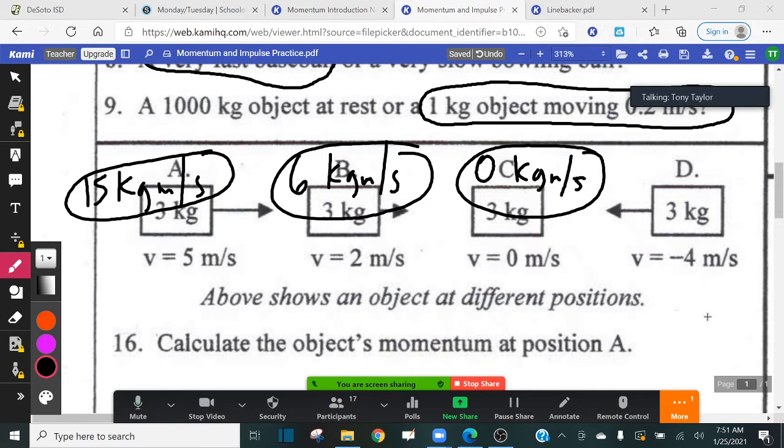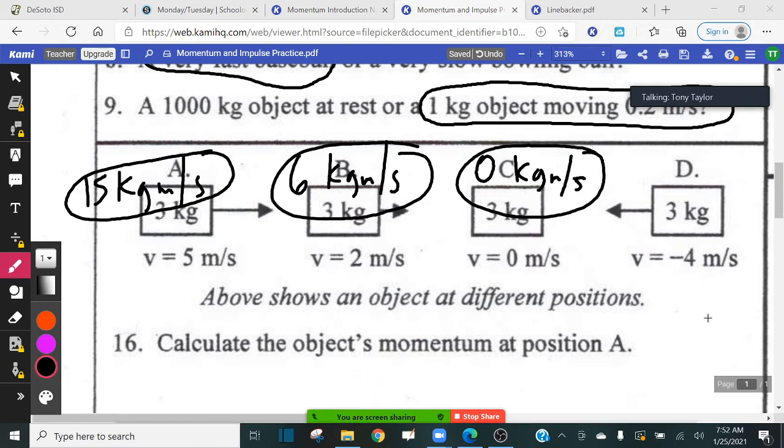So 3 times -4 meters per second. Okay, that is equivalent to 12 kilogram meters per second, but it is negative because it's moving to the left. So when the object is at position D, it has a momentum of negative 12 kilogram meters per second.